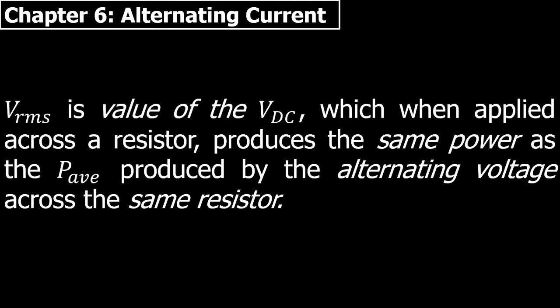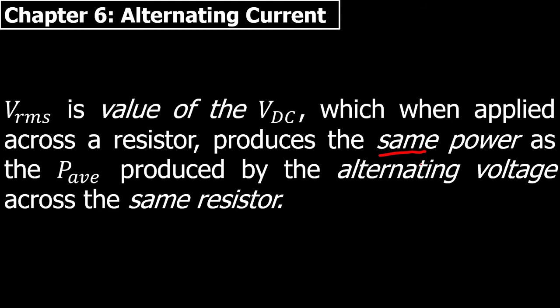The root mean square value is a value for steady current which, when applied to a resistor, produces the same power as the average power produced by an alternating voltage across the same resistor. That means we have to look at power specifically. That is our clue to figuring out how root mean square voltage relates to anything else.